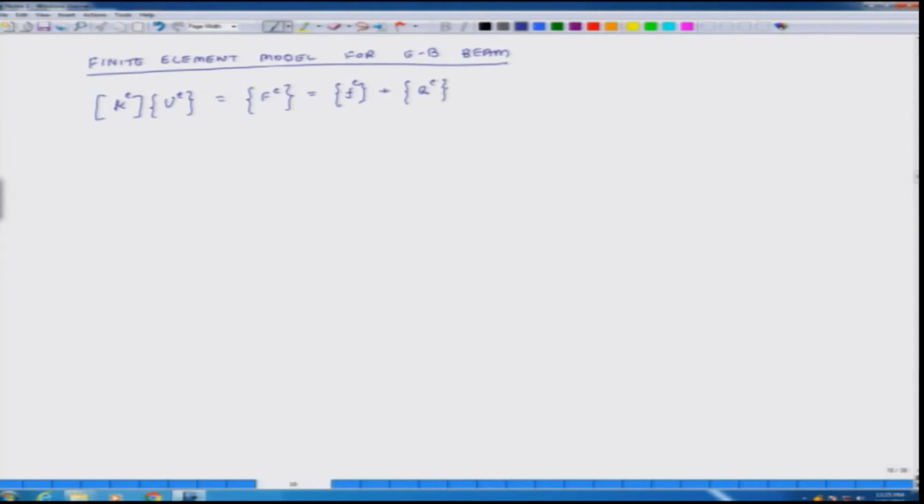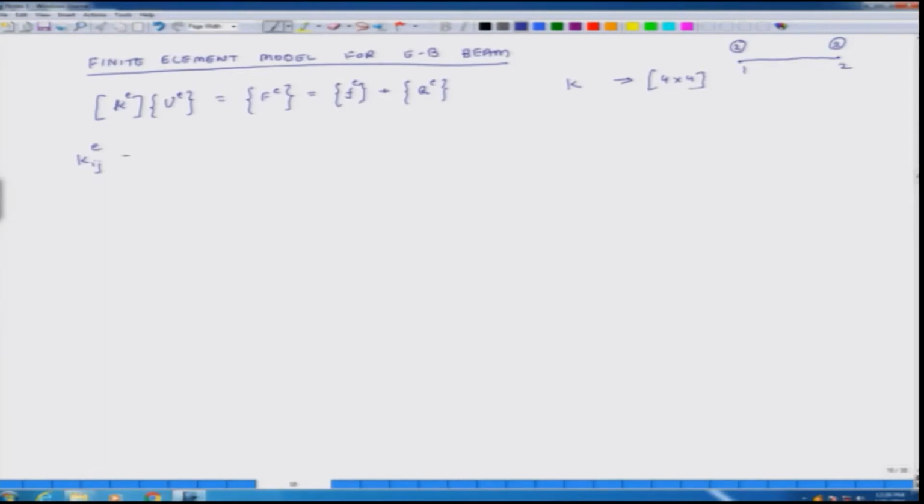forces and moments. Now, Kij, so K. If I have a two noded element, then there are 2 degrees of freedom here and 2 degrees of freedom here. So, the size of this K matrix will be 4 by 4, a total of 4 degrees of freedom.